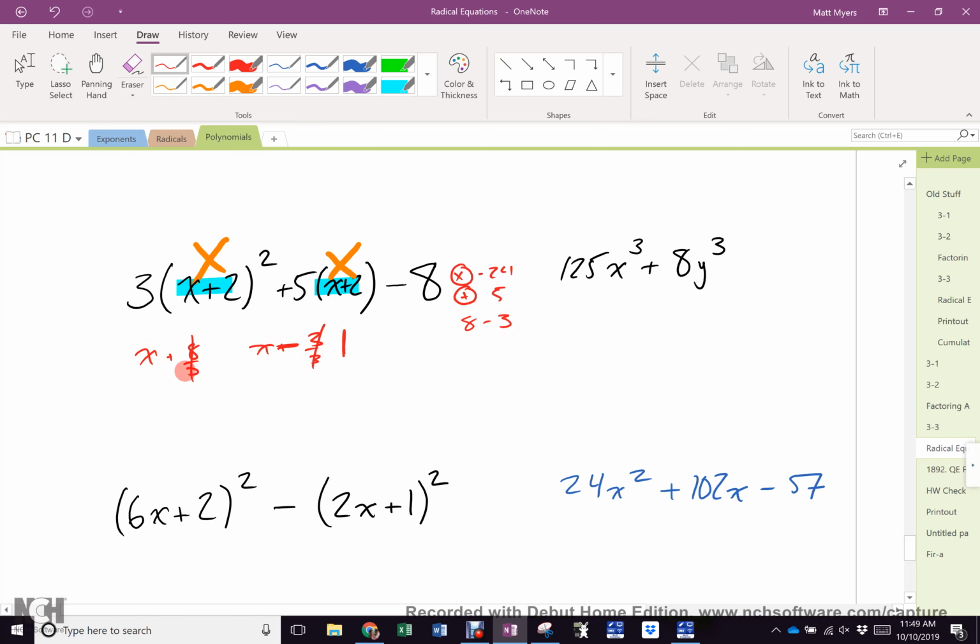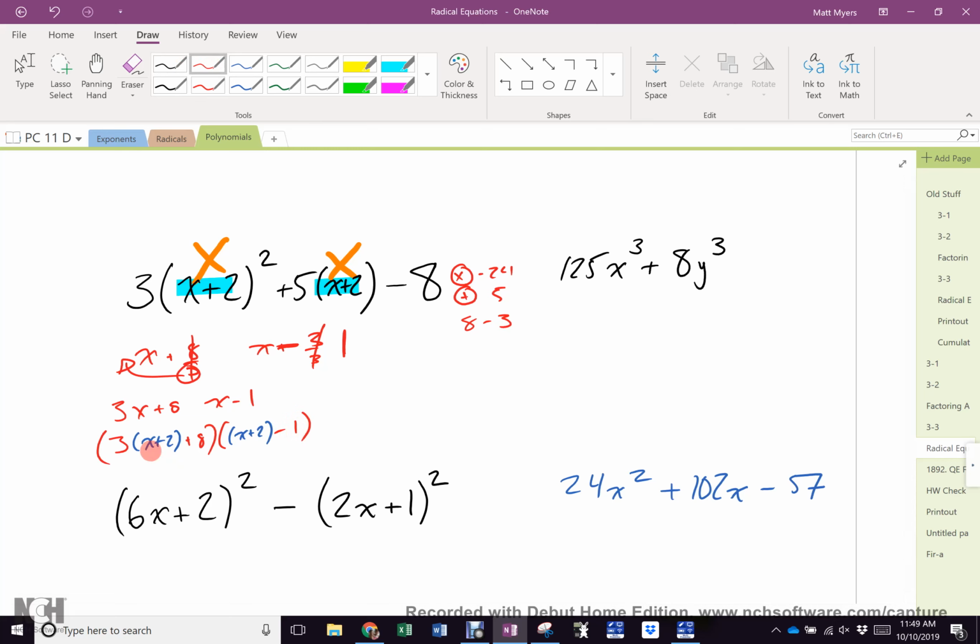That becomes 3x plus 8 and x minus 1, but x is really x plus 2, so this becomes 3 times x plus 2 plus 8, times x plus 2 minus 1, to get 3x plus 6 plus 8, which is 3x plus 14, and x plus 2 minus 1, x plus 1.